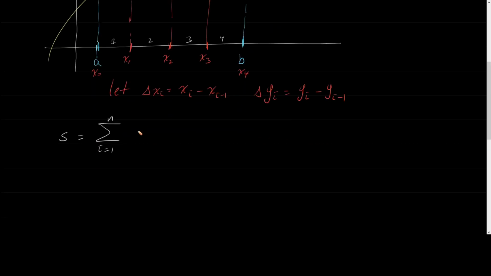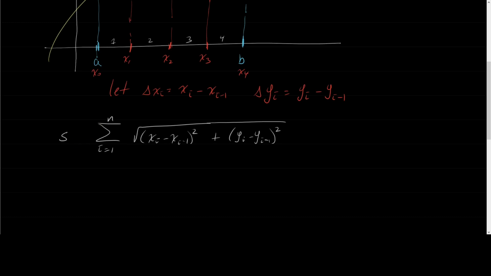So it's going to be the square root of (x sub i minus x sub i minus 1) squared plus (y sub i minus y sub i minus 1) squared. But hold on, the arc length is approximately, not actually equal to, that.